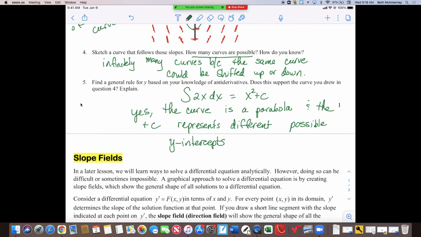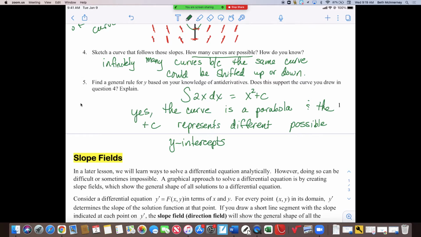So, in a later lesson, we will learn ways to solve a differential equation analytically. However, doing so can be difficult or sometimes impossible. A graphical approach to solve a differential equation is by creating slope fields, which show the general shape of all solutions to a differential equation.